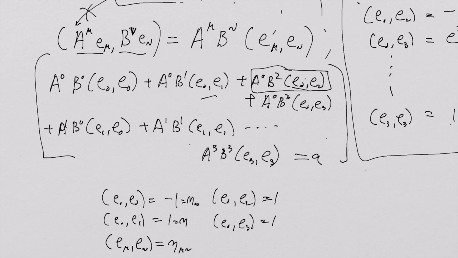I'm sorry, this should be E0, E0 equals negative 1, E1, E1 equals 1, E2, E2 equals 1, and E3, E3 equals 1. It's diagonal, right? So eta 2,2 equals eta 1,1 equals eta 3,3. And eta is called the Minkowski metric, and it's just a metric with this diagonal.